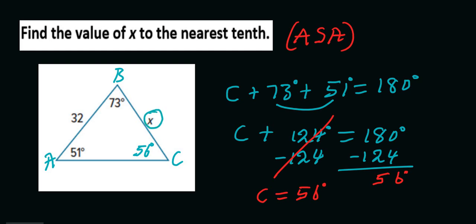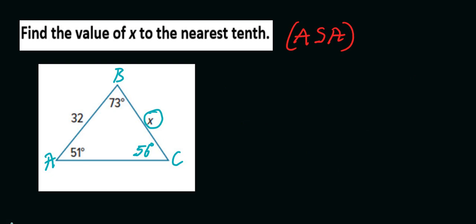All right, so now the uppercase A has the opposite lowercase a to be x, and uppercase C has a lowercase c to be 32.